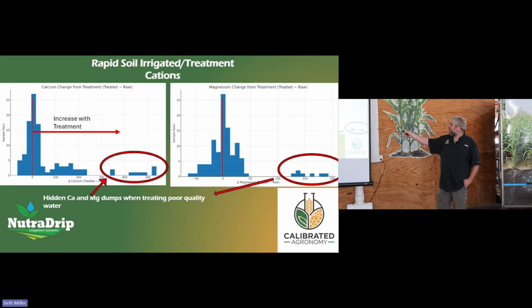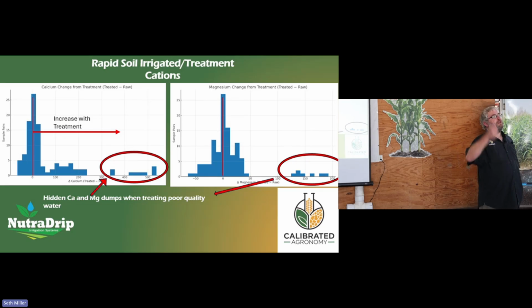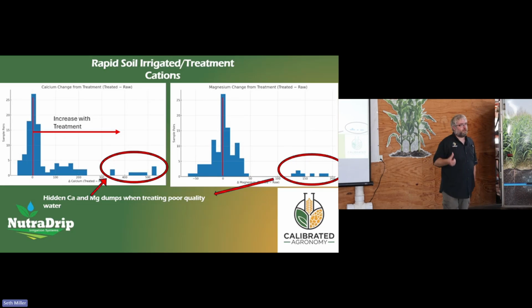The scale at the bottom is the delta. So that is the ppm that I brought the number up or down when I treated the water, and then I applied that to the soil to simulate treated irrigation water going on the soil. You know, 300, 400, 500 parts per million increase of calcium, 150 to 200 parts per million increases of magnesium.